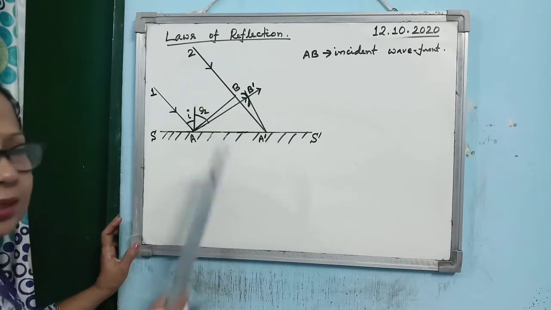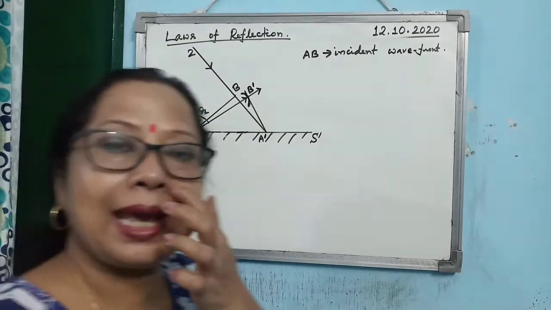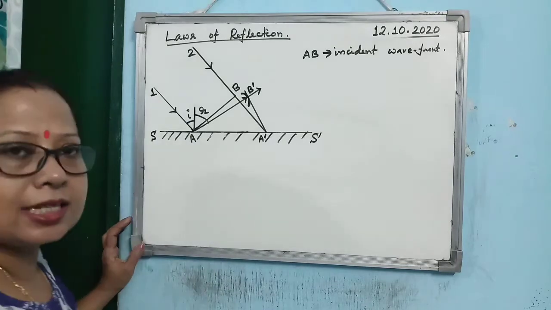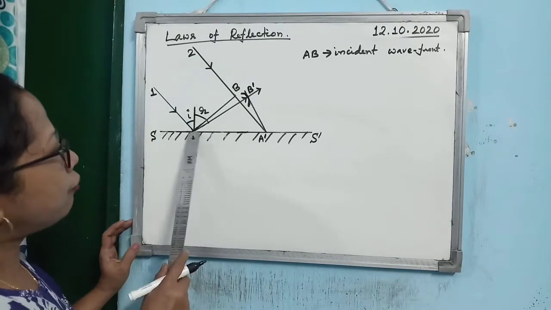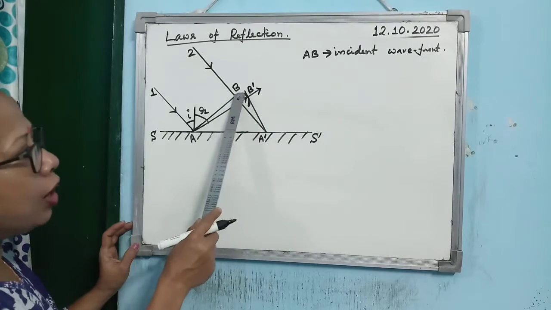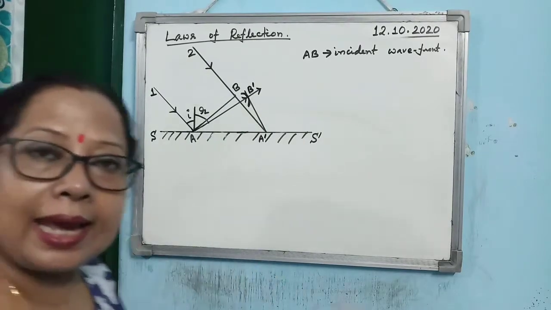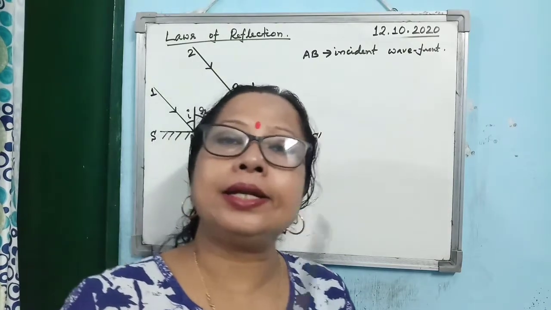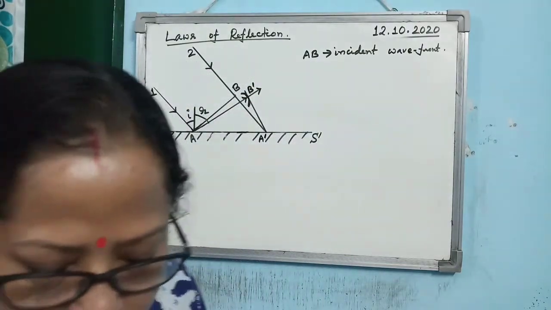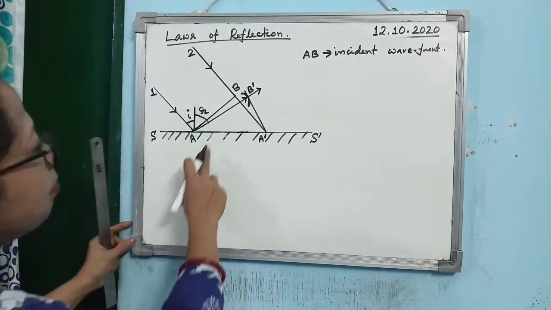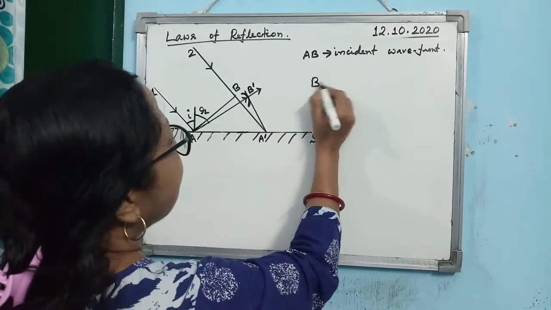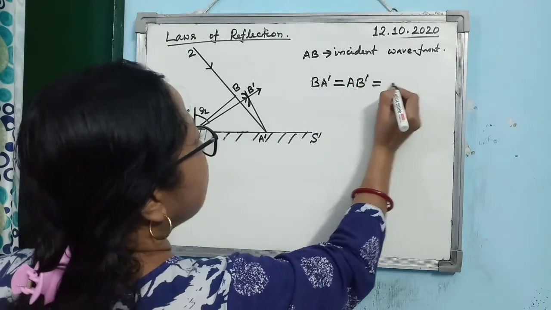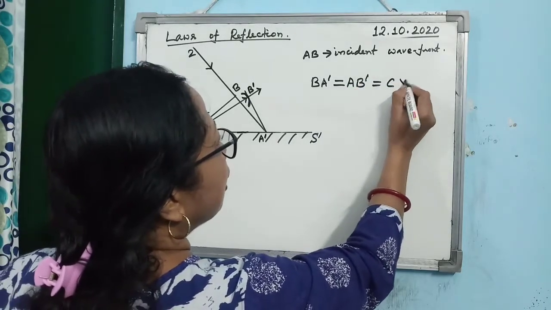According to Huygens principle, the ray from A and the ray from B both take the same time to reach the reflected wavefront. What does it mean? It means that BA dash should be equal to AB dash, equal to the velocity of light times time.